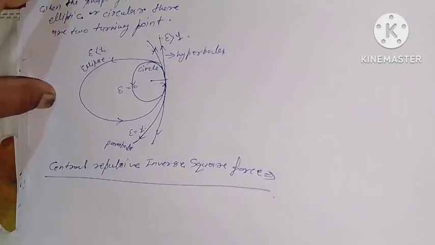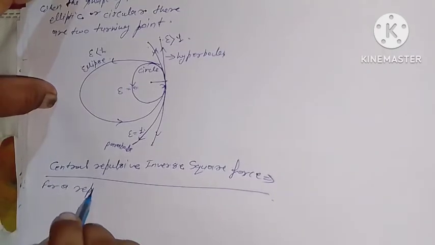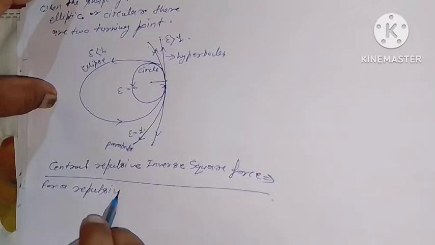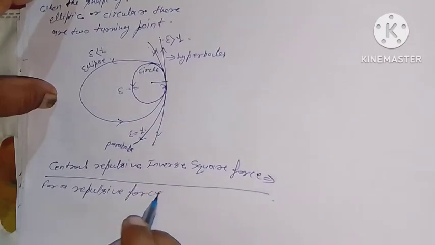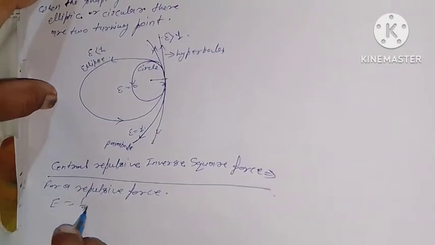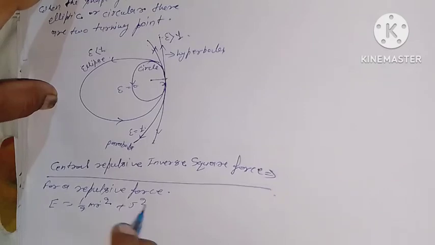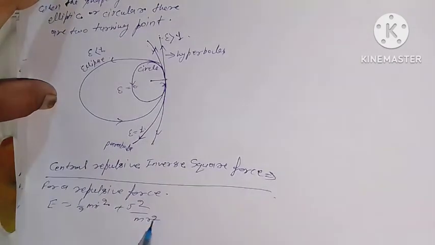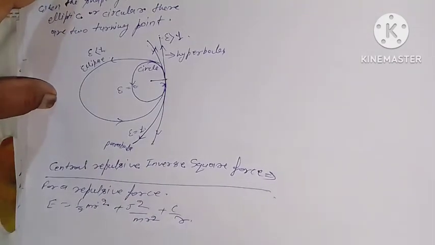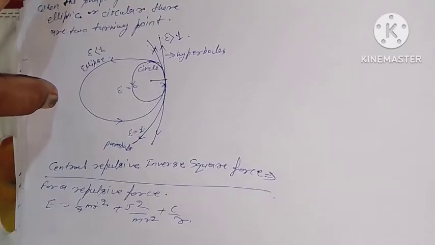For a repulsive force, E equals 1/2 m (dr/dt)² + J²/(m r²) + c/r. All the quantities on the right hand side are positive.